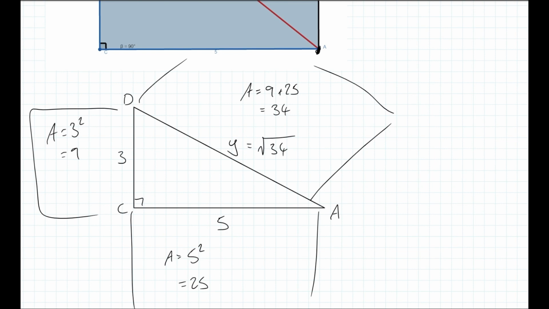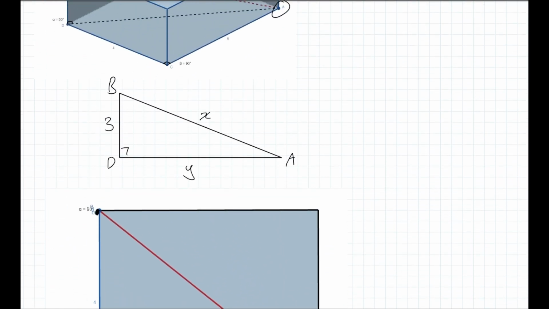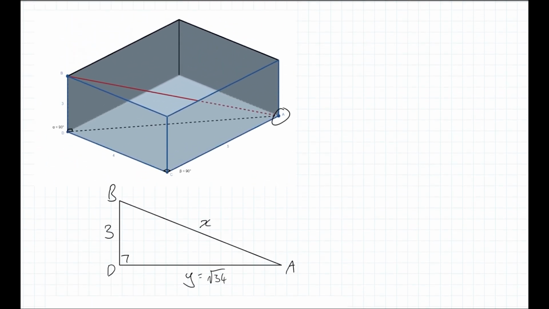Now we can go back to the original problem we had, but now we know that Y is the square root of 34. So now we do the same thing again, but with this diagram here. So again, we can do 3 squared, and this number here squared. Now, if you square a square root, you just end up with the number on the inside.